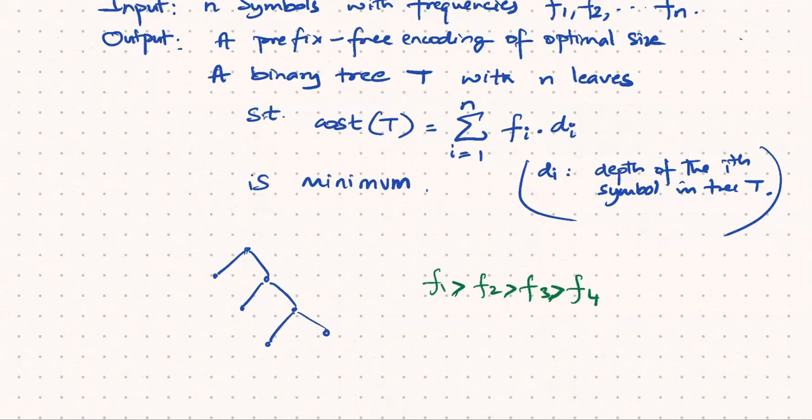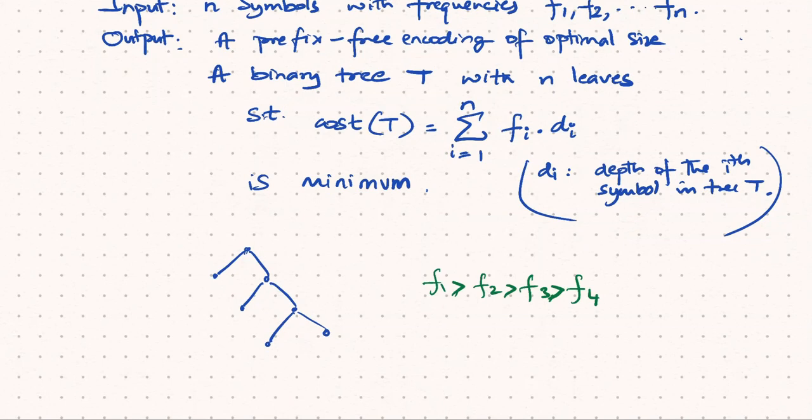Intuitively, maybe some of you would guess that we would try to place the symbols which have the higher frequencies on the top, and the symbols which have the lower frequencies on the bottom. This simply corresponds to what we said earlier, that the symbols that occur often, the higher frequency symbols, we give them smaller encodings.